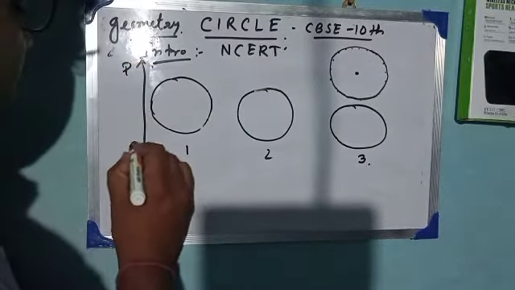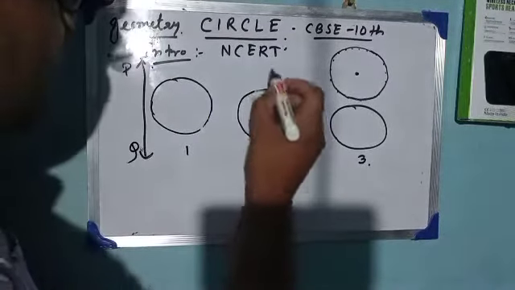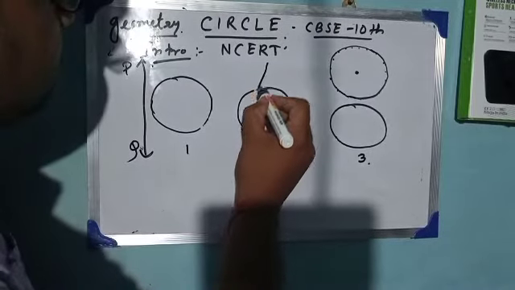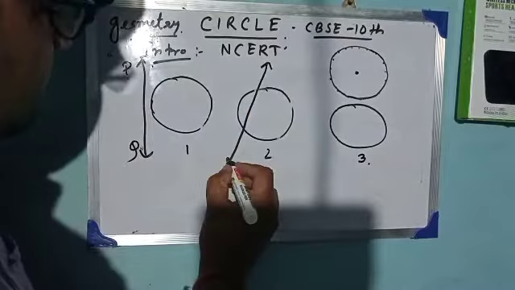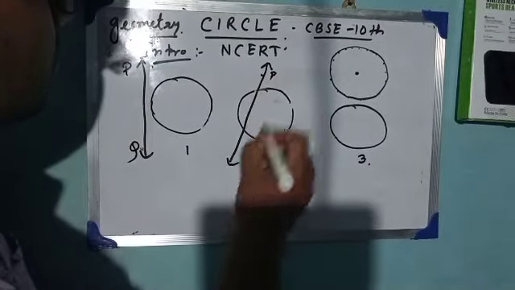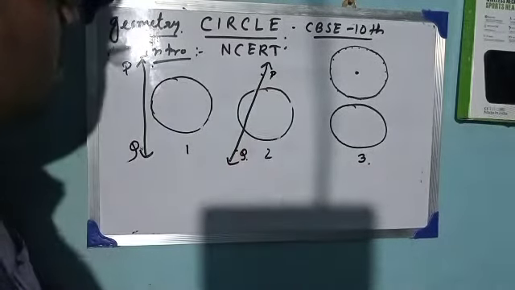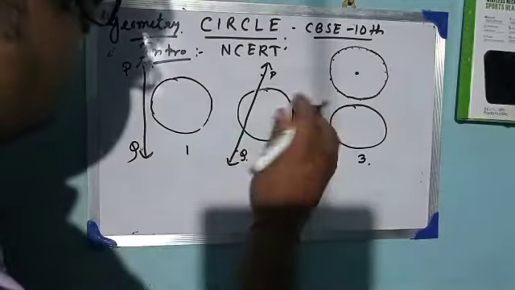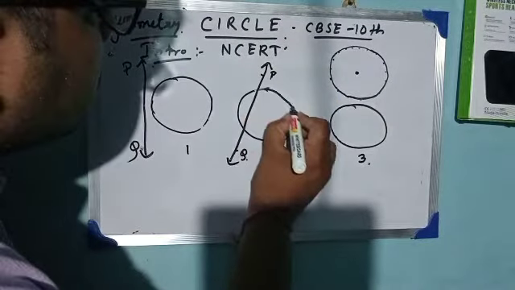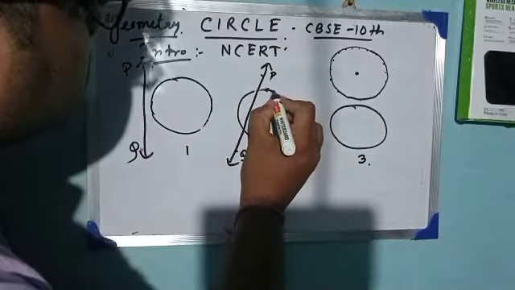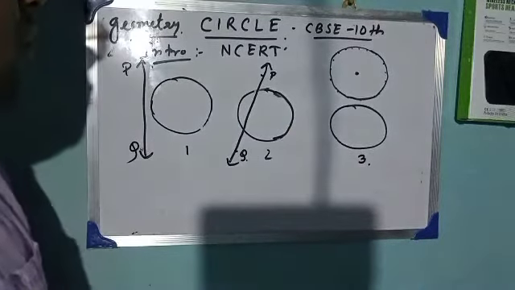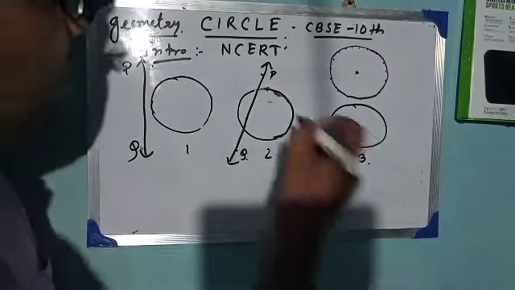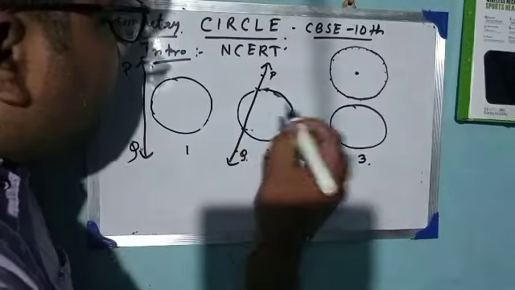I am naming it PQ. If I take another line segment, it passes through the circle, and it cuts the circle at how many points? 2 points.